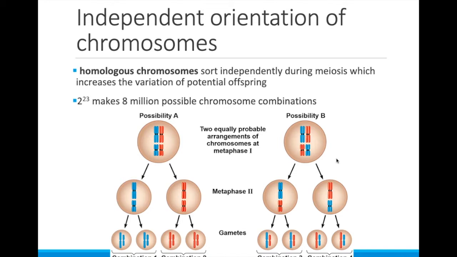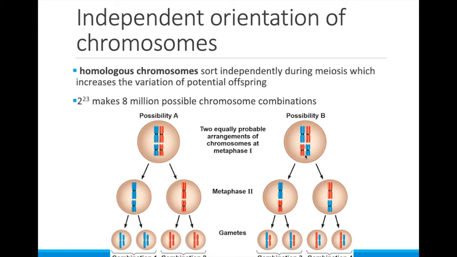So look at the 2 pictures. This is showing what happens in metaphase, when the chromosomes line up in the center. If this cell only has 2 homologous pairs, 2 chromosomes from dad, 2 chromosomes from mom, they could line up like this, where both of dad's are on one side and both of mom's are on the other. Or they could line up like this, where the left side has 1 from dad and 1 from mom, and the right side has 1 from mom and 1 from dad.